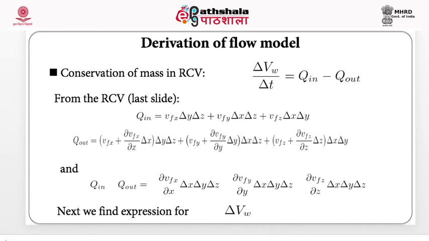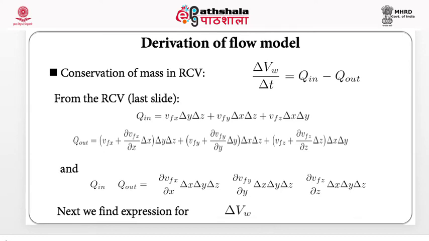Now we have, from the conservation of mass model, VW, Q in, Q out. Now what we do is we put them together, and when we do that, we get an expression as you can see in the screen, that is SS delta H by delta T equals negative partial V Fx by partial D x, and it continues.